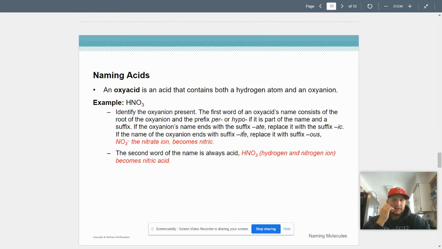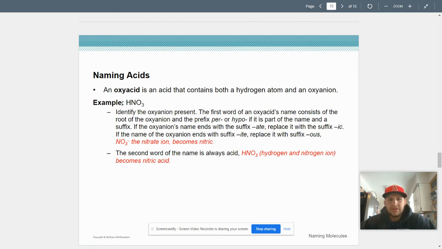This next one, an oxyacid. By definition, this is an acid that contains hydrogen and an oxyanion. So it's not going to be binary because, looking at this example here, nitric acid, we have the presence of an oxyanion, which is polyatomic, which with the inclusion of that hydrogen makes it an oxyacid.